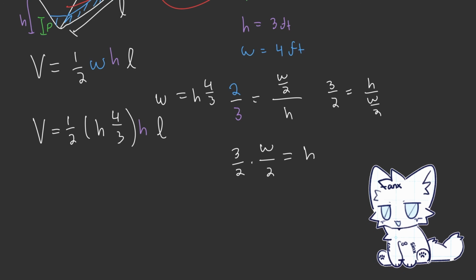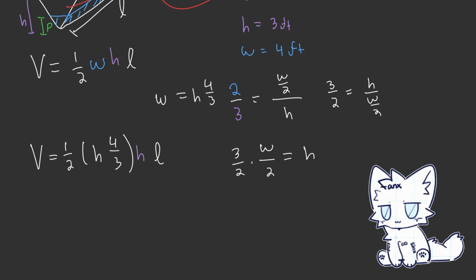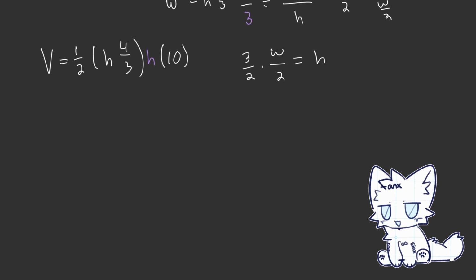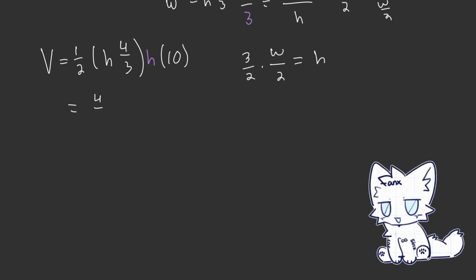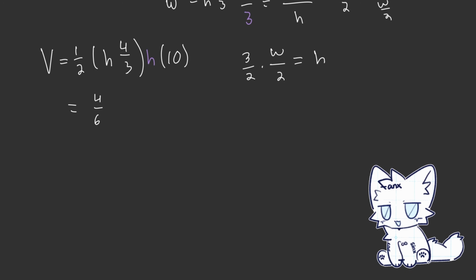Now we have our equation in terms of height. Because L doesn't change, it's not a variable anymore, that could just turn into 10. Simplifying this to get the volume in terms of height, that would be 40/6 times h squared.